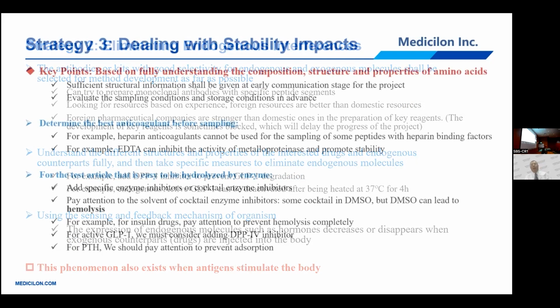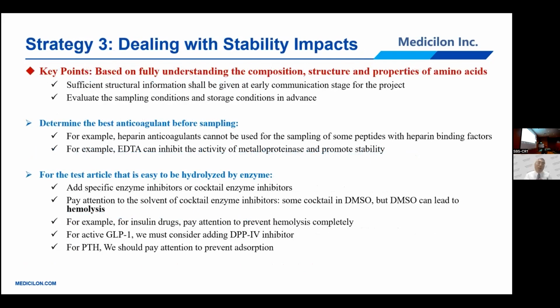The third strategy is dealing with stability. We know there is physical instability, chemical instability, and maybe enzymatic instability. If we understand this, we can use different ways to protect stability.